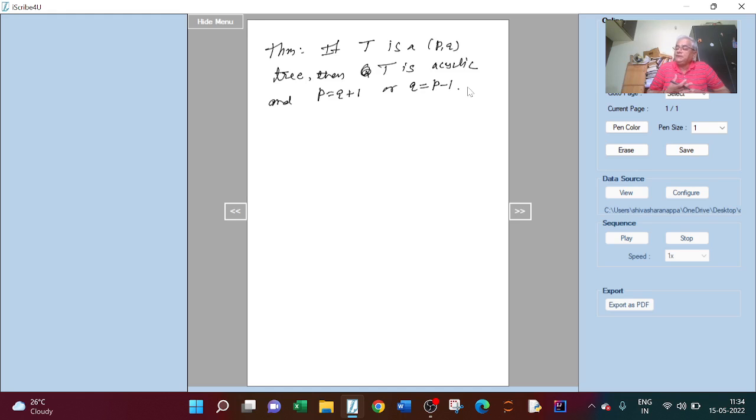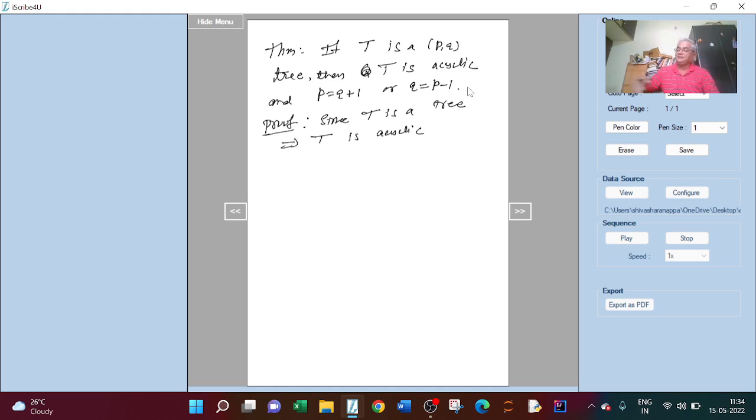If T is a tree, then by the definition it is acyclic. Then no need to prove this acyclic. This is in the definition. So here first I'll write, since T is a tree, this implies T is acyclic.